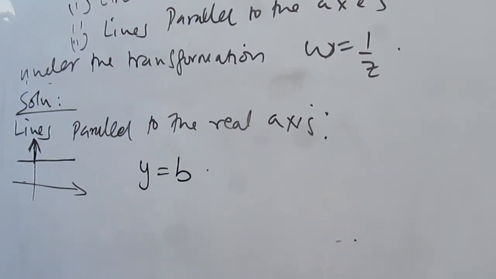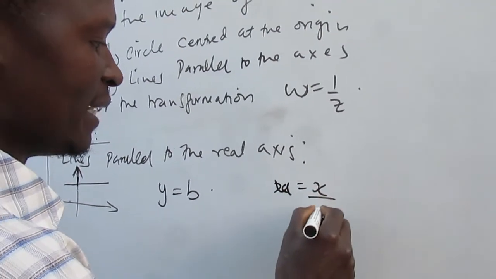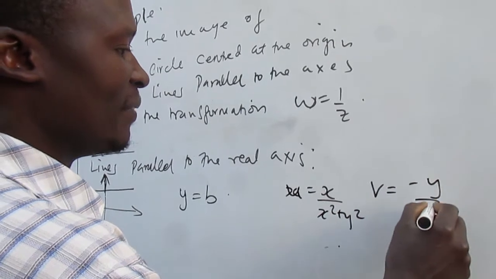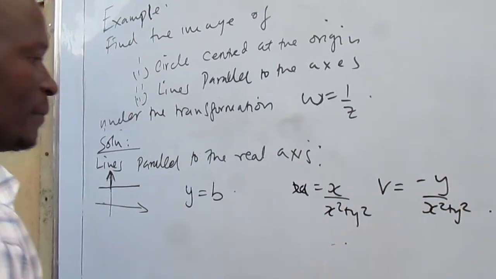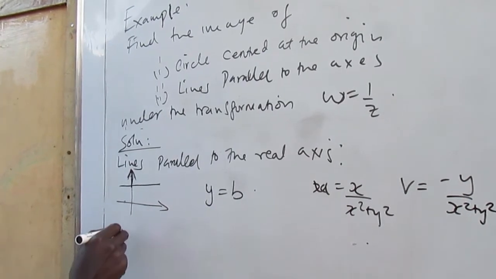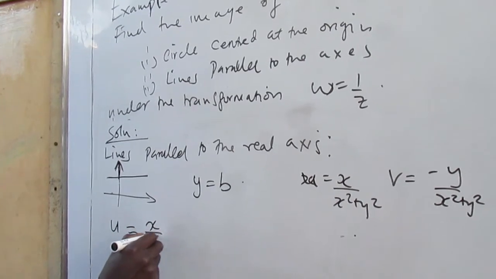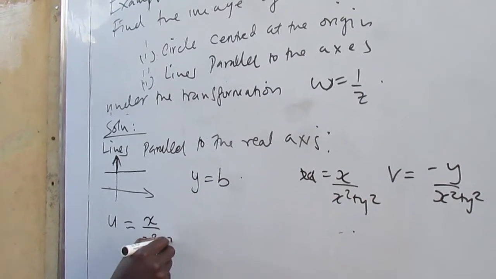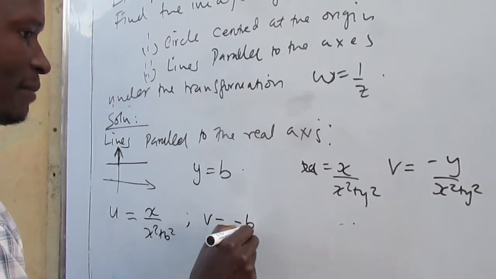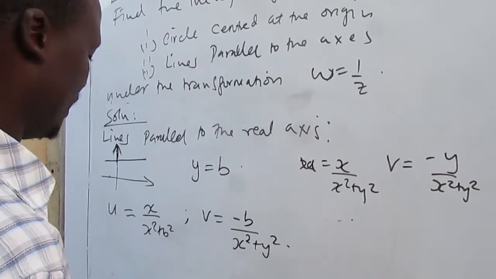And so remember our transformation equations were u is equal to x over x squared plus y squared, and v is equal to minus y over x squared plus y squared. If we apply these, we'll get u equal to x over x squared plus b squared, and v equal to minus b over x squared plus b squared.